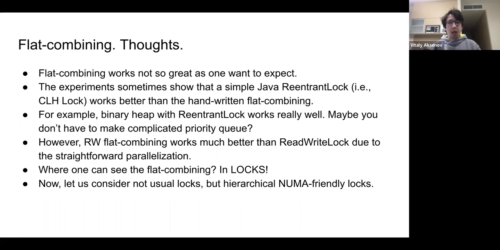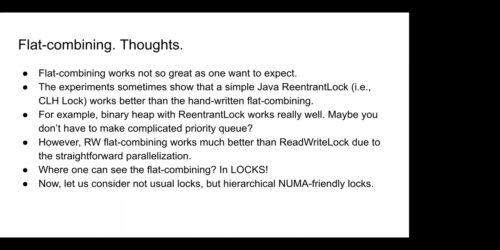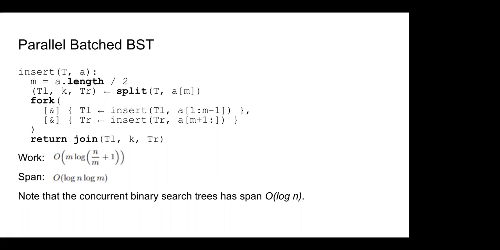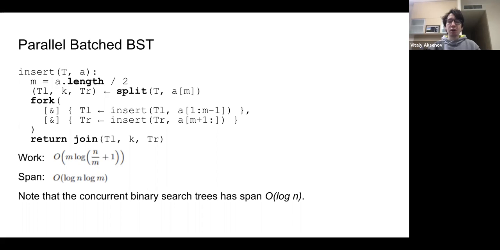Question: the span for concurrent binary search trees, is it for inserting one element or m elements? If you think about a concurrent data structure as a parallel data structure, and you ask all the elements to be inserted, then the span will be logarithm n plus logarithm m.